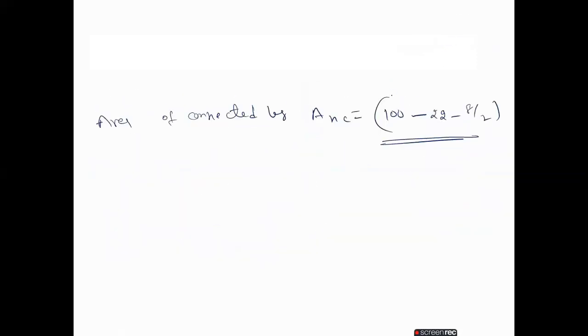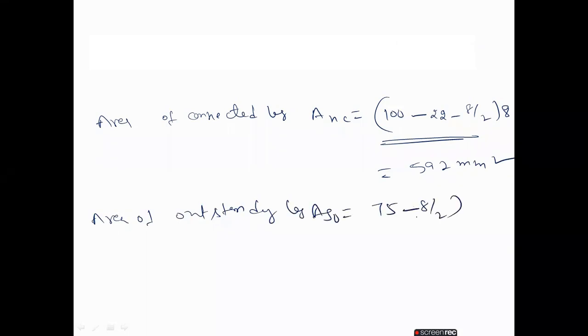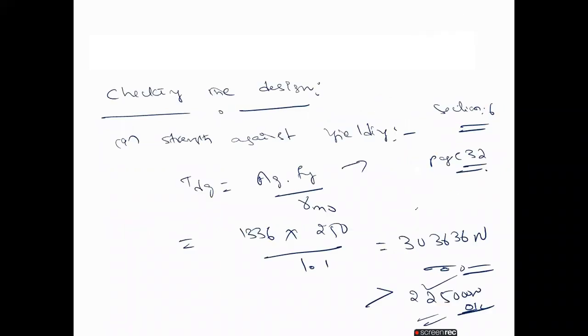Multiplying with the plate thickness, we get 592 mm squared. Similarly, the area of the outstanding leg, Ago = (75 - 8/2) x 8, we get 568 mm squared.